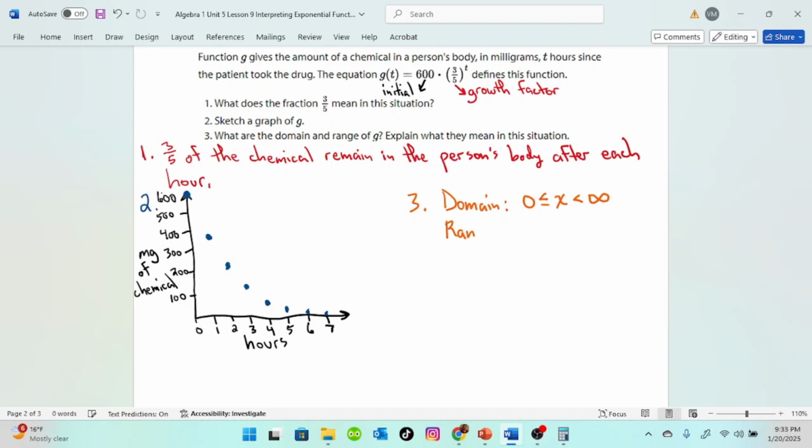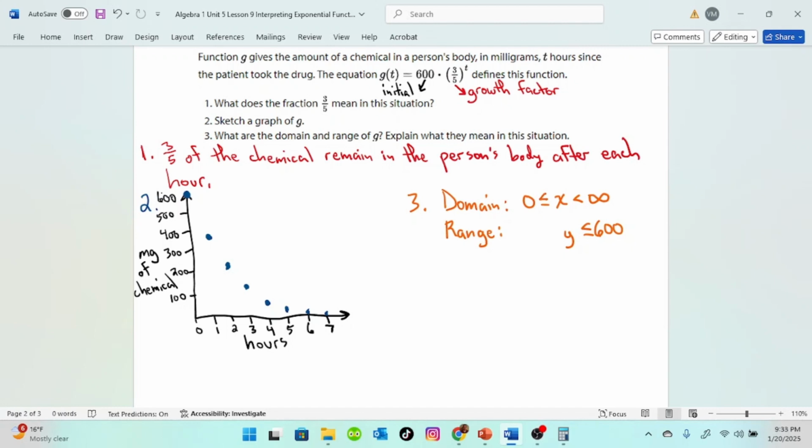Now, we look at the range, and we know that the largest value of y that we have is 600. And y has to be less than or equal to 600.